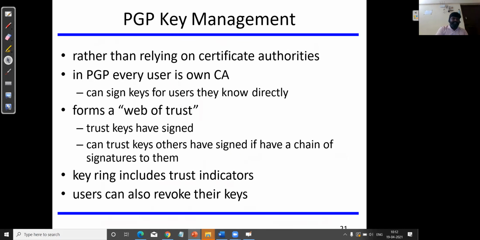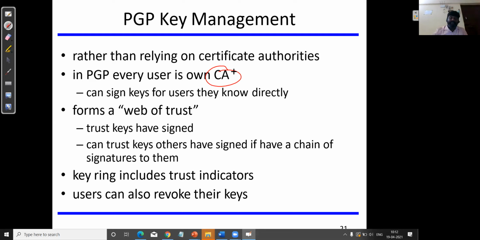So now this is related to key management. So far we have been discussing the public key ring as well as the private key rings, right? When we talk about PGP key management, there are different techniques through which a public key can be distributed, right?